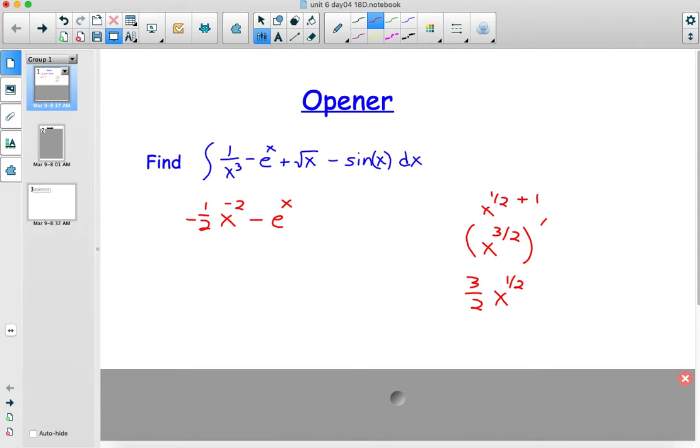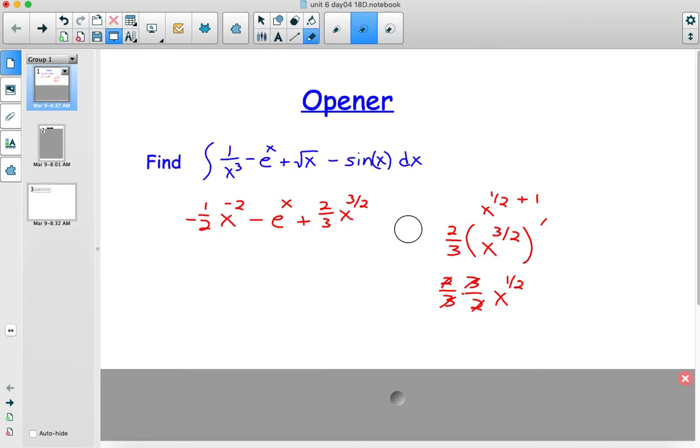So I need to offset that with the reciprocal 2/3. So now when I take the derivative, I just get x to the 1/2. So we're going to have plus 2/3 x to the 3/2 power. And once again, take the derivative of that just to check.